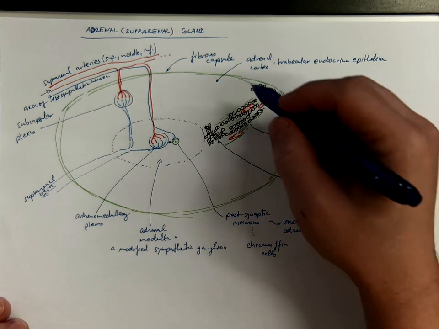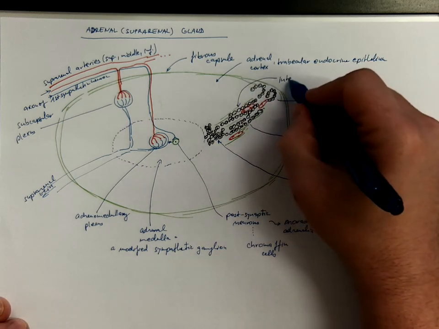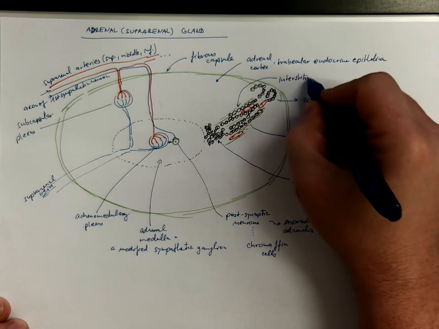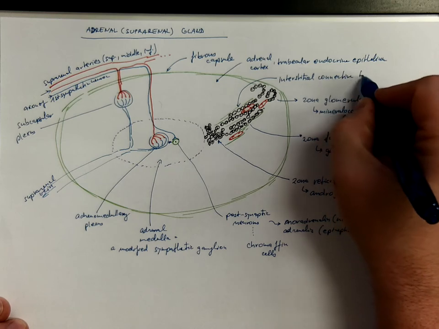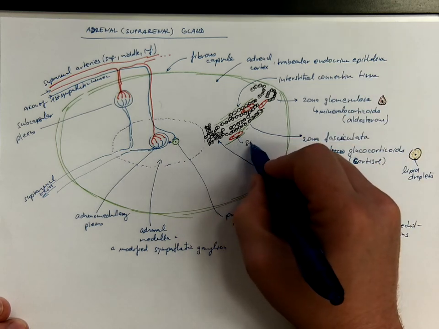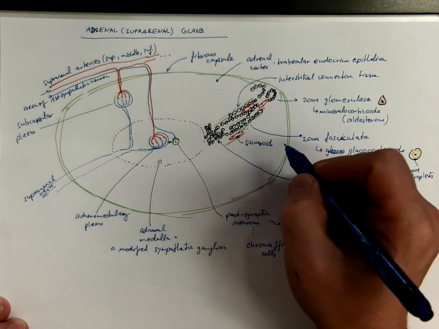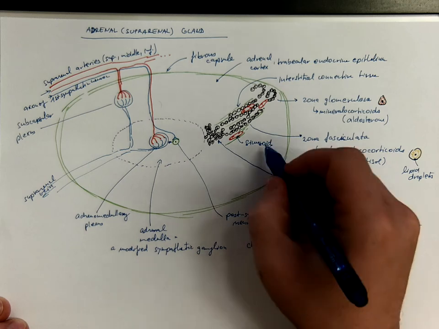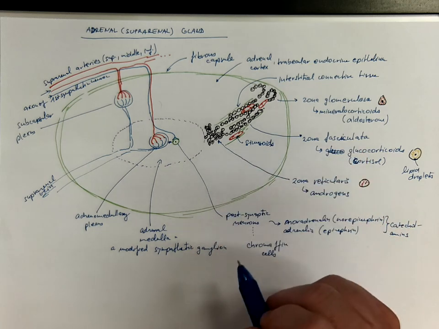So there is interstitial connective tissue with sinusoids, which are special type of capillaries with higher permeability.